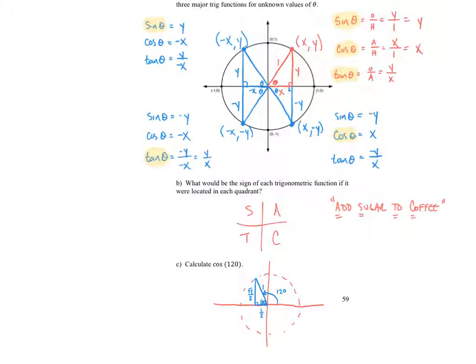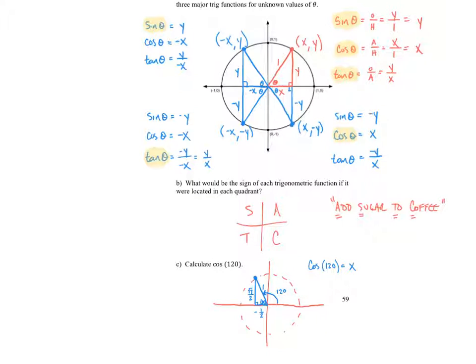This becomes very easy at this point because of what we just did. We know that cosine is just our x-coordinate, whatever our x-coordinate is. Okay? So we just have to be careful that when we label these, we have the appropriate signs. This 1/2, since it's in quadrant 2, would have to be a negative 1/2. And now, when I do cosine of 120, all I need is my x-coordinate of this point.